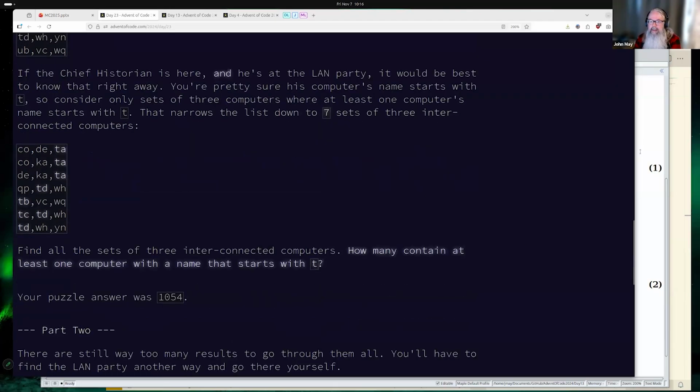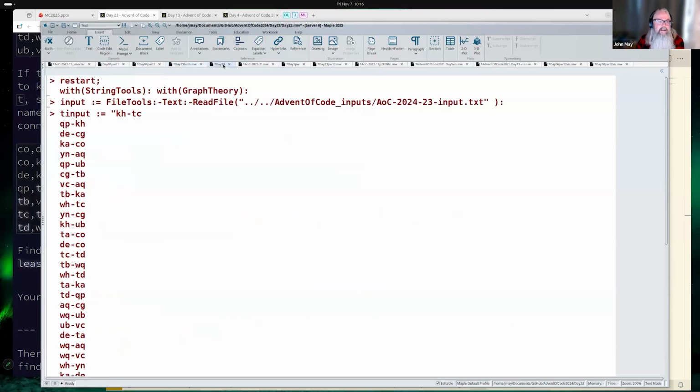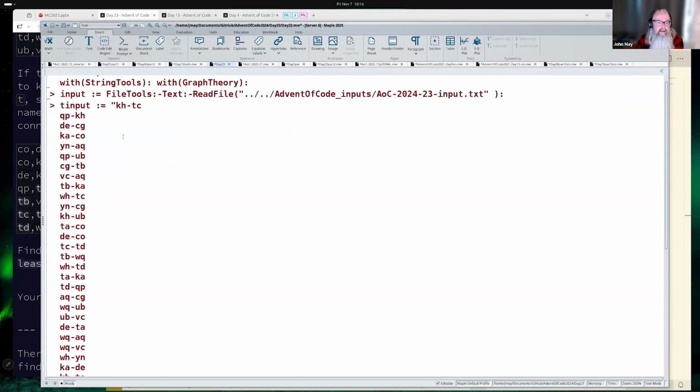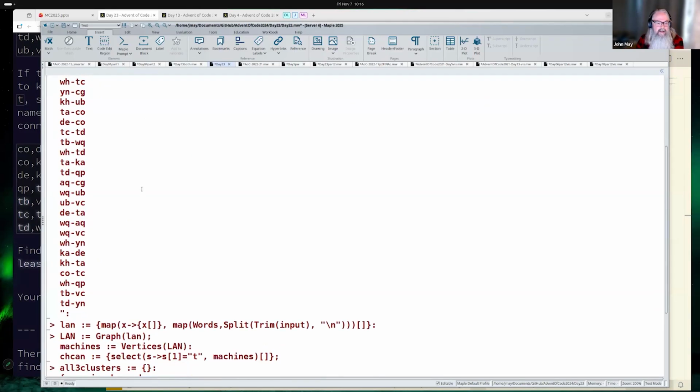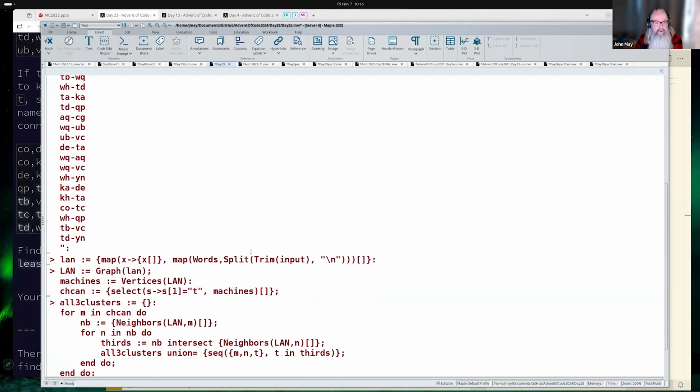Maple makes this not terrible. Let's see. We have our large graph here. It's easy to just pull those in. I use the split command to split every line into an entry of a list. Then I use StringTools Words.